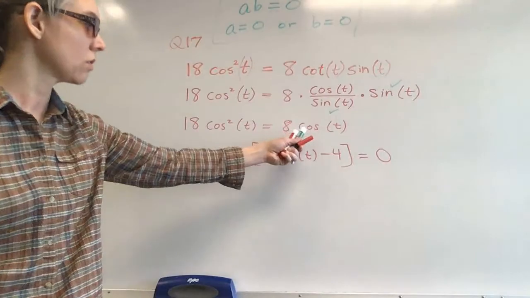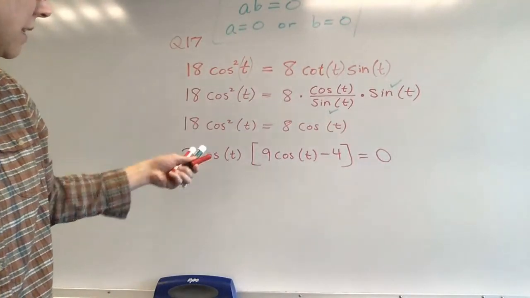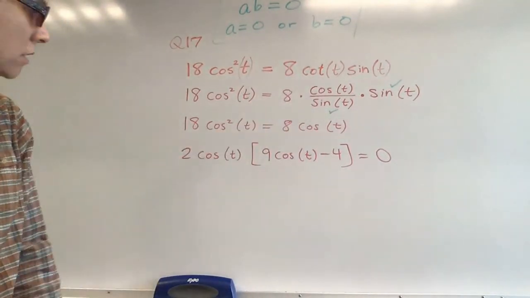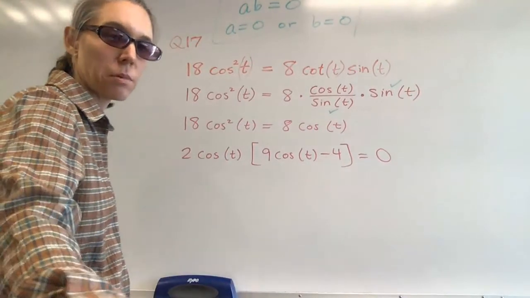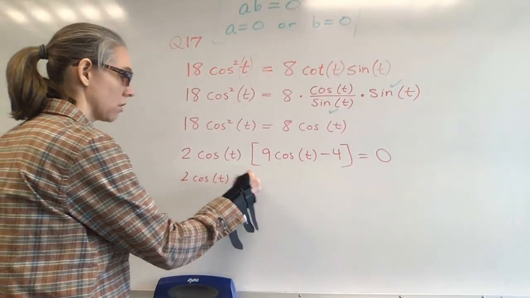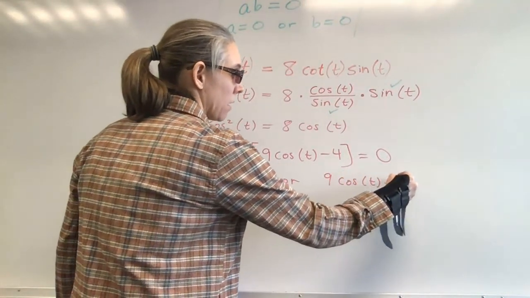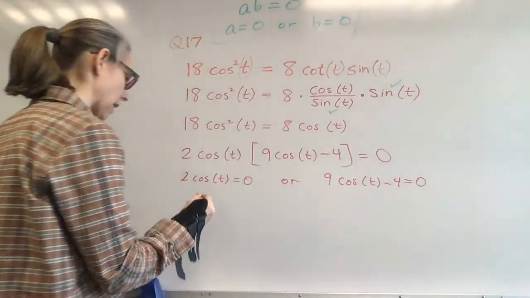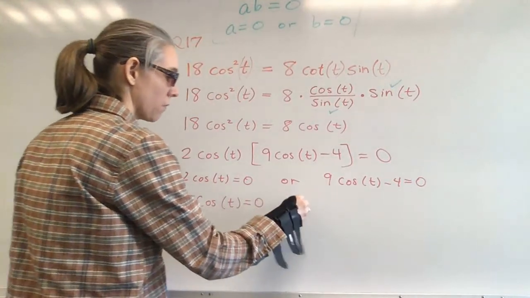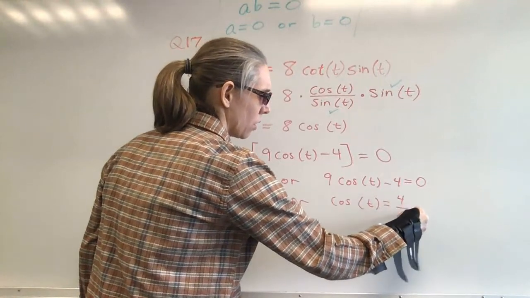If you move this to the left-hand side, your GCF would be 2 cosine t, leaving you with 9 cosine t minus 4. So we use the zero factor property and set 2 cosine t equal to 0, and then we also set 9 cosine t minus 4 equal to 0, and so that's going to give us that the cosine of t is equal to 0, or the cosine of t is equal to 4 over 9.